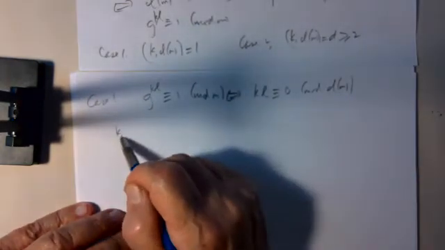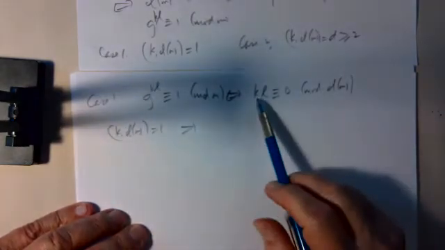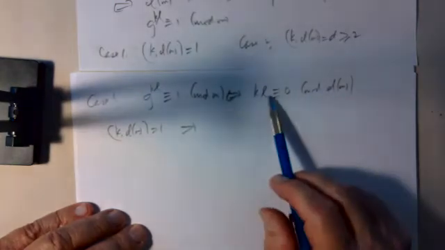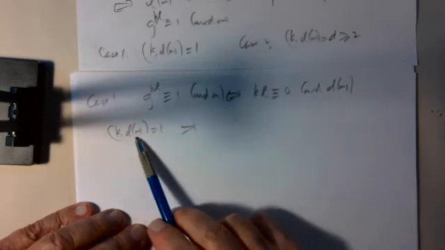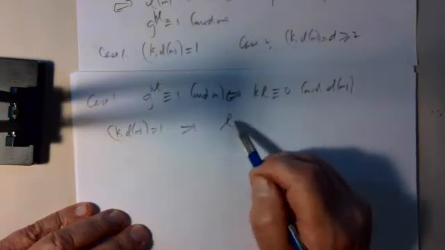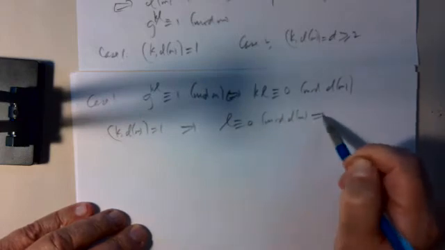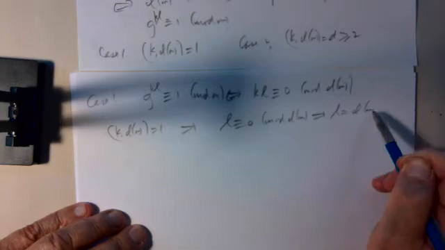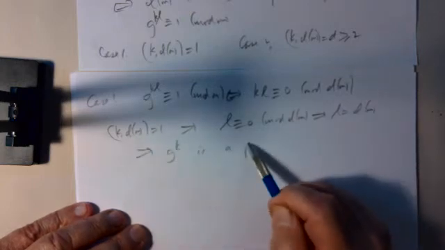And if k and phi of m are relatively prime, and phi of m divides k times L, then L is congruent to 0 mod phi of m, which means L equals phi of m, which means g to the k is another primitive root.